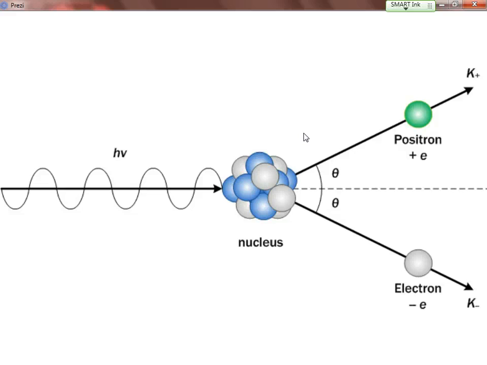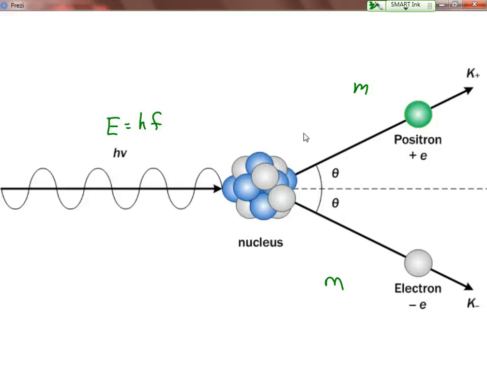So in the example that we saw, we had a high energy photon, a gamma ray actually, hit the nucleus. Now the nucleus is just there to help with conservation of momentum, but the energy over here, hf, completely disappears and turns into the mass of a positron and the mass of the electron.